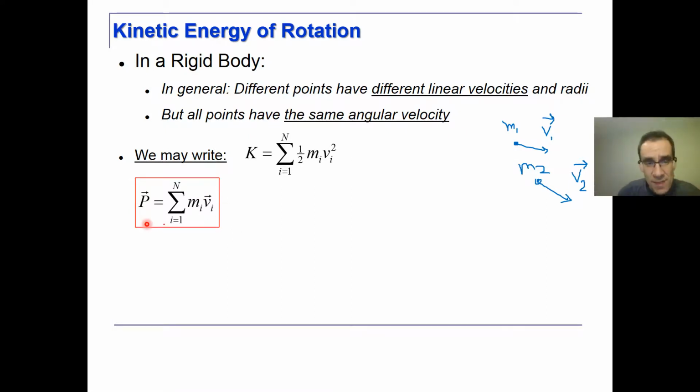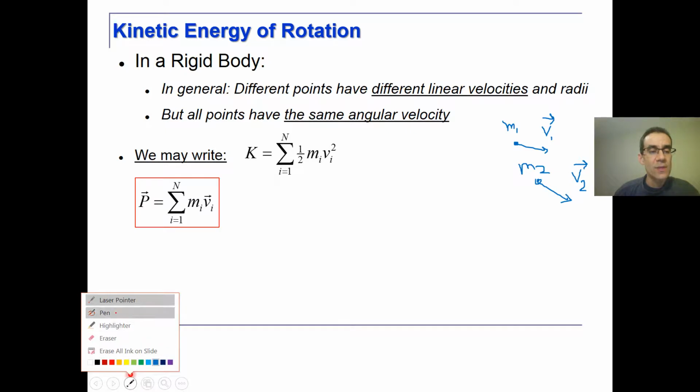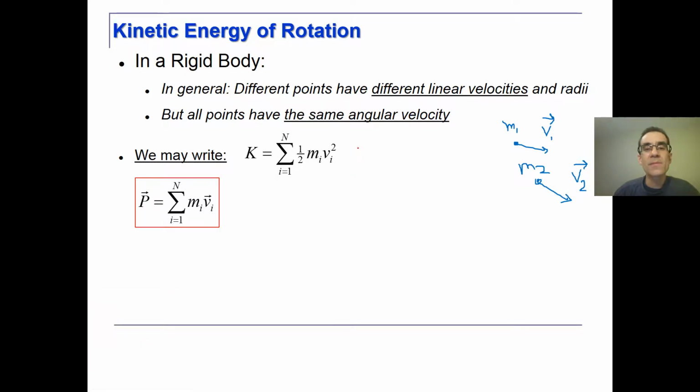I want you to do something similar with the kinetic energy. Check this out. I want to take the mass of particle 1, multiply not by the velocity vector, but by the speed squared, and put the 1/2 here. You see what this little term actually is?